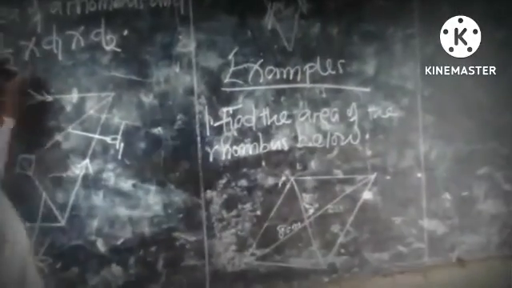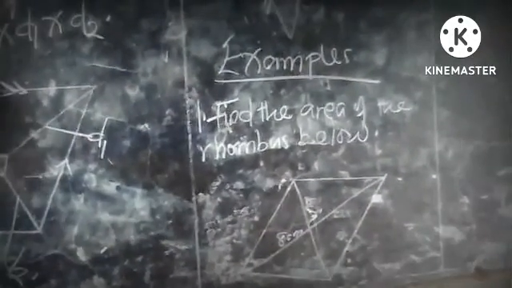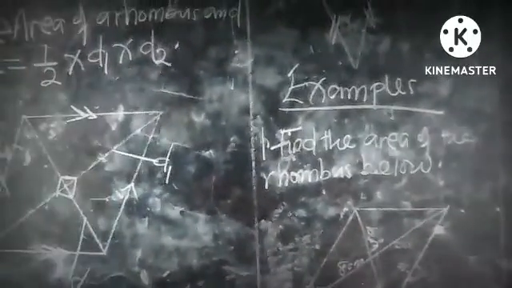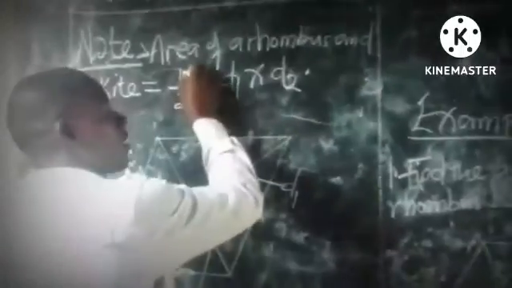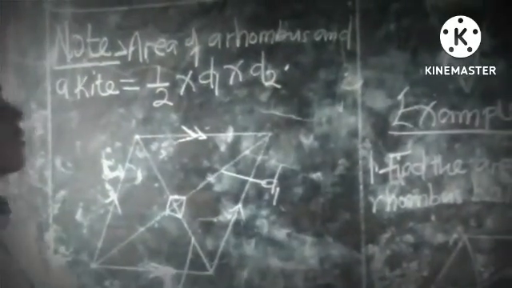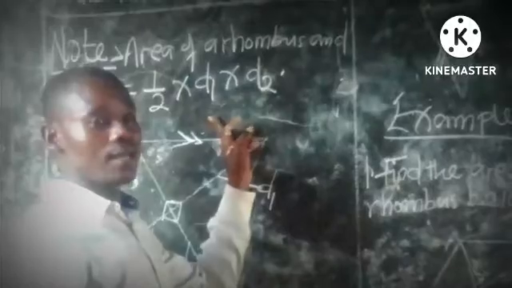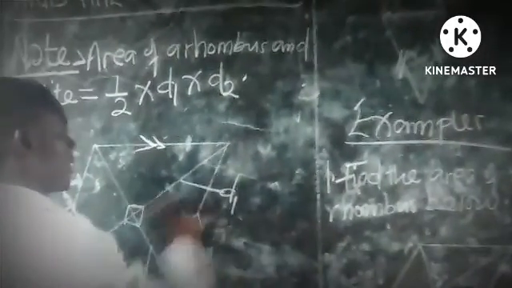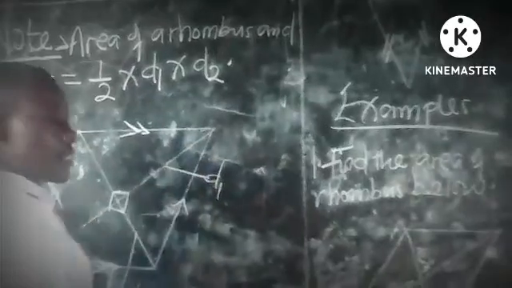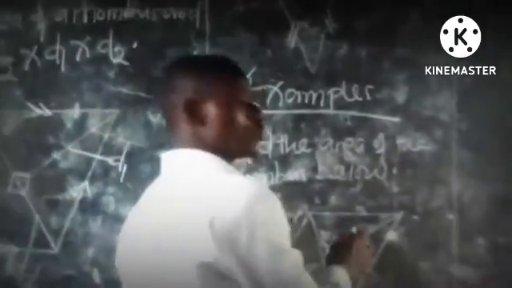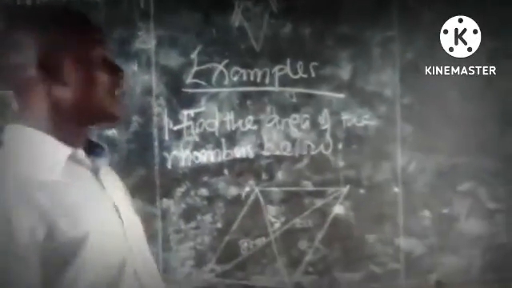So by just looking at the method that I've given you, you calculate the area of a rhombus by using half times diagonal 1 times diagonal 2, where the longer diagonal is diagonal 1, and the shorter diagonal of the two is diagonal 2.